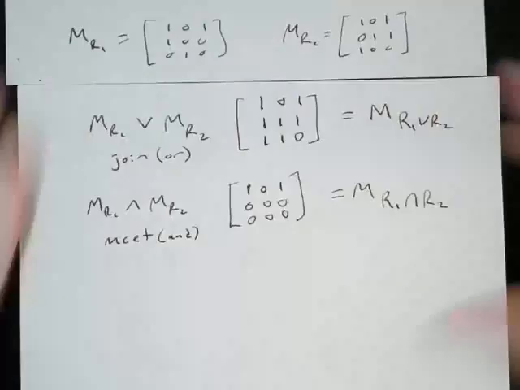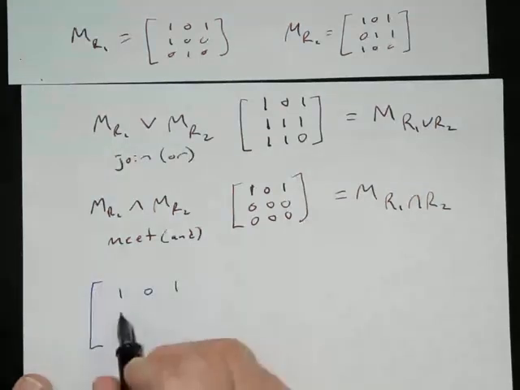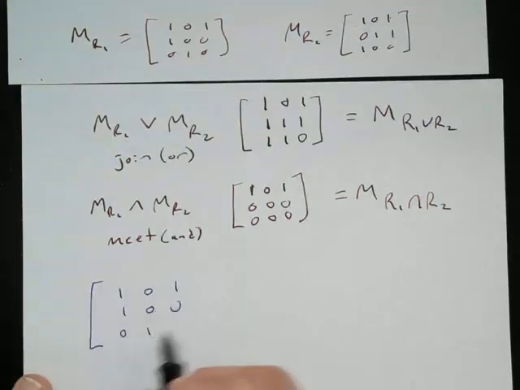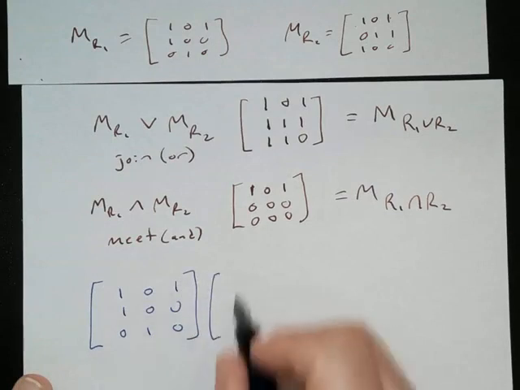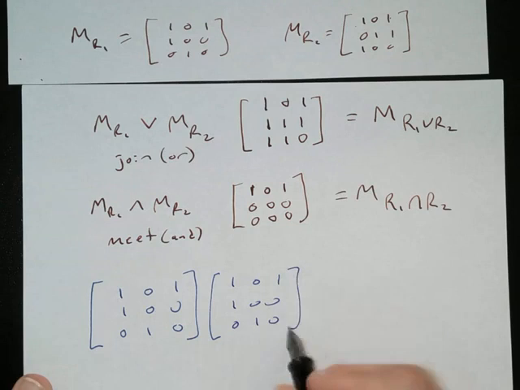So what I'm going to do is, notice this time it's the same matrix. What you do is you pick a row and a column. So pick a row, pick a column. Row 1, column 1?